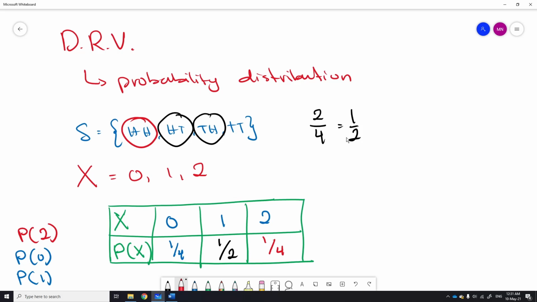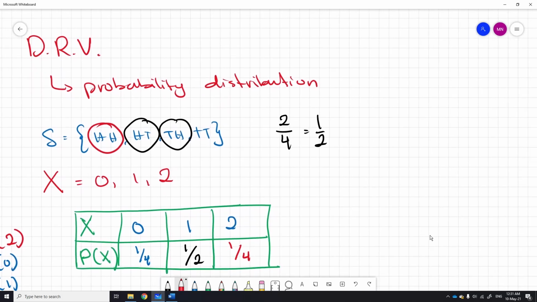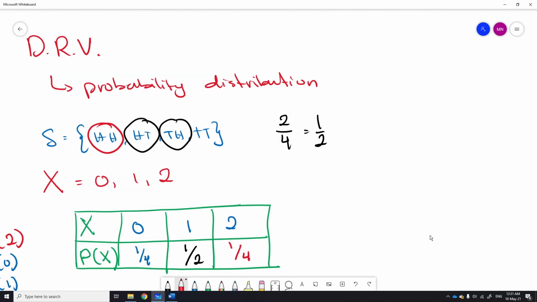One extra piece of information: a random variable is also a kind of function.